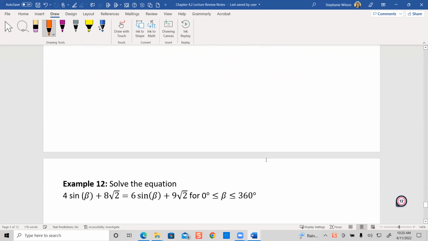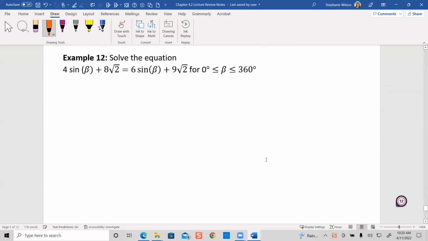Okay, let's do our last one. Now we've got a little bit more work going on. I noticed that I got sine here, and I got sine here, and then I got constants. So let's get the constants on one side and the sines on the other. I'm going to subtract the 8 square root of 2 from both sides, and then subtract the 6 sine of beta from both sides.